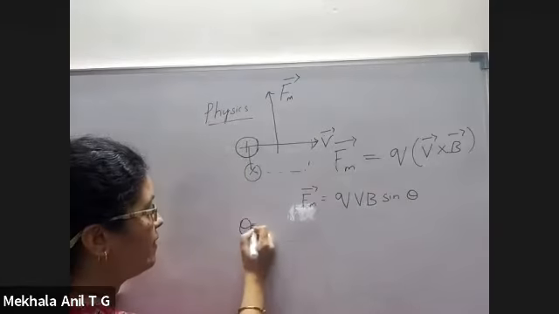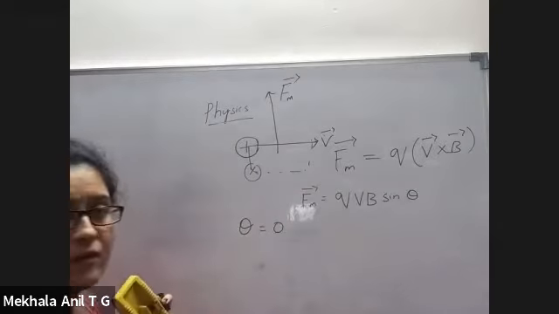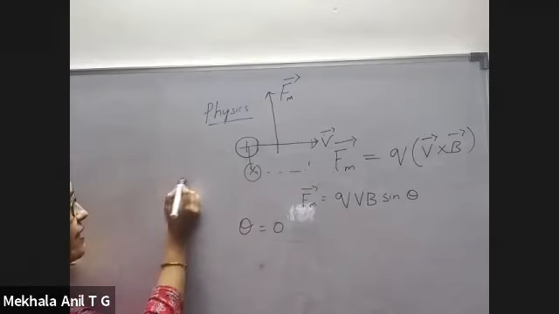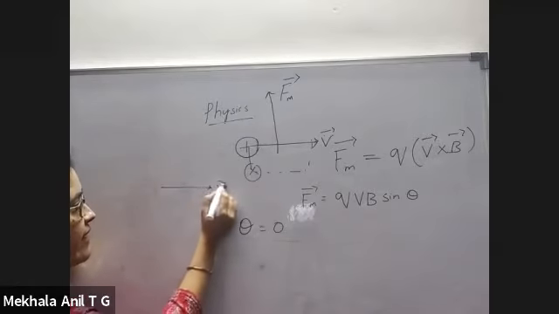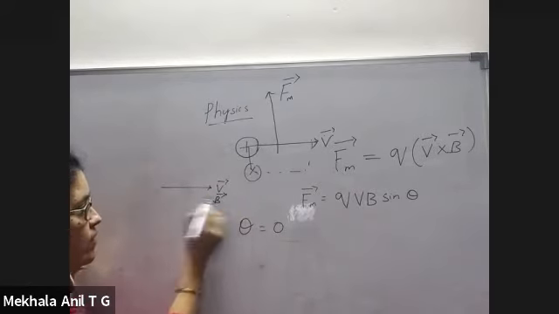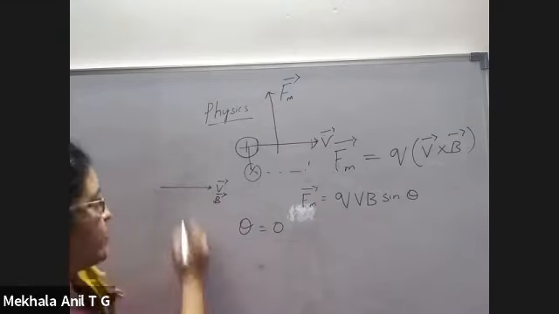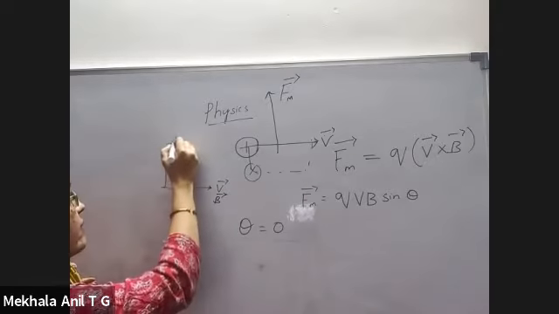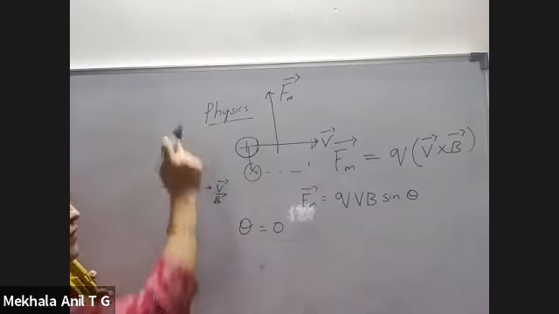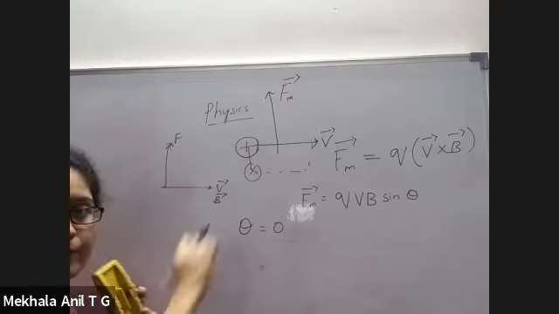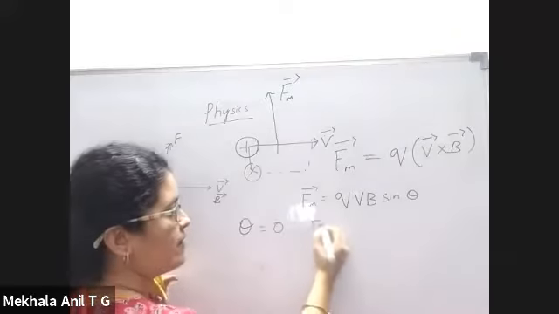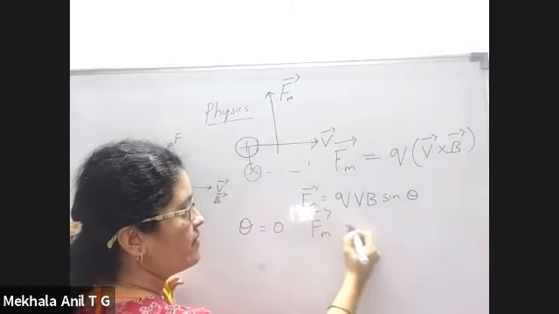Now, what will happen if theta is equal to 0? What is the meaning of it? If theta is equal to 0, it means V and B are both along the same direction. So what will be the force when V and B are in the same direction? The magnetic force will be 0.